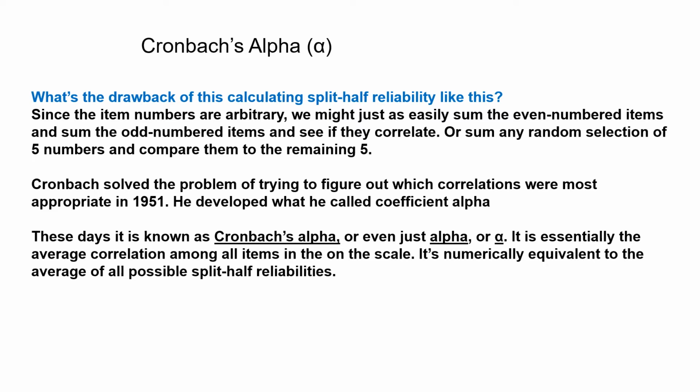If it goes up just slightly, it's not necessarily a bad item. But if it goes up by a lot, then that's a bad item. So there are programs that will test all of your different items in Cronbach's alpha, and tell you what would happen if you removed each item individually, so you can tell if one of the items is a bad item on your scale.